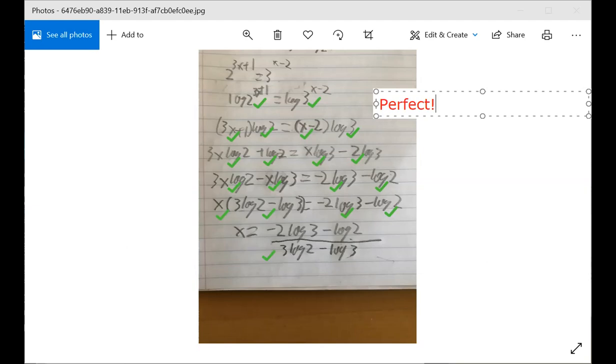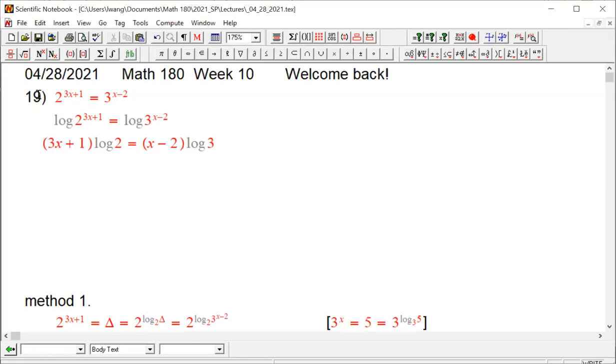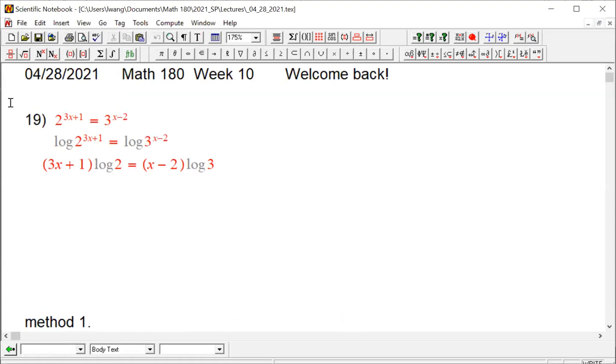Anyway, without further ado, do you guys want to try number 20? Number 20 is a little easier, actually, but I want to give you a chance to practice that. Thank you for sharing, Bailey. That's a beautiful work. Please try number 20.